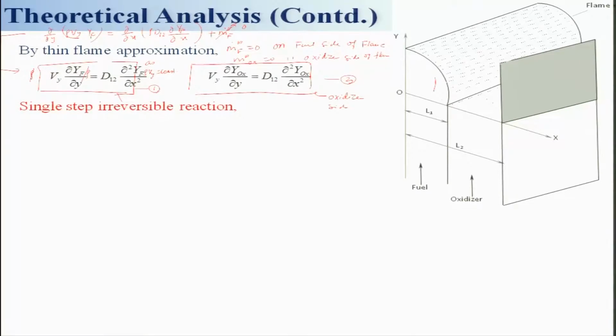So, let us look at a single step irreversible reaction, that is, 1 mole of fuel is reacting with ν moles of oxidizer going to the product of ν plus 1 moles of product.